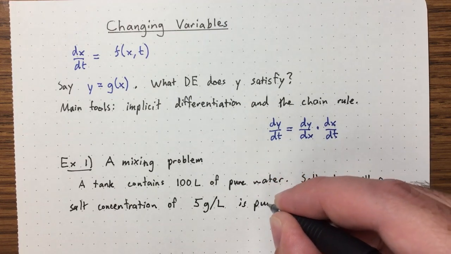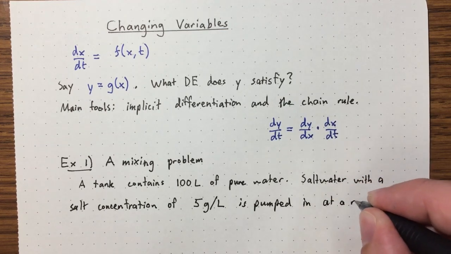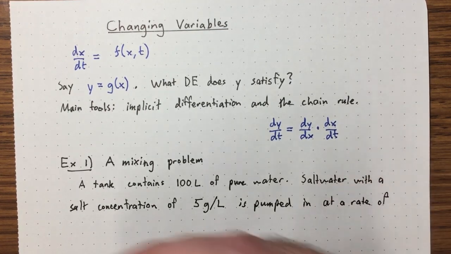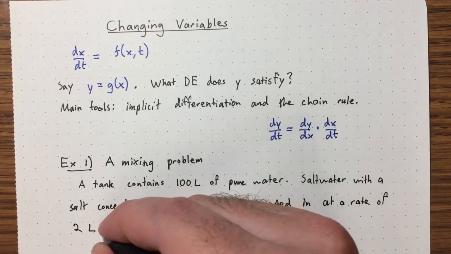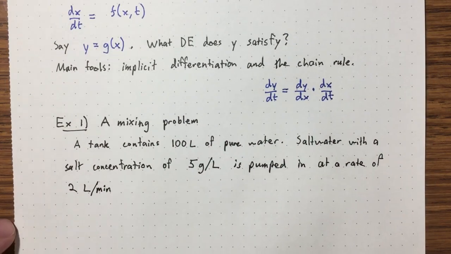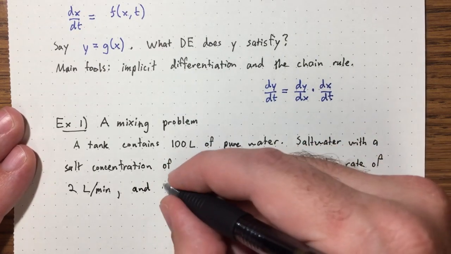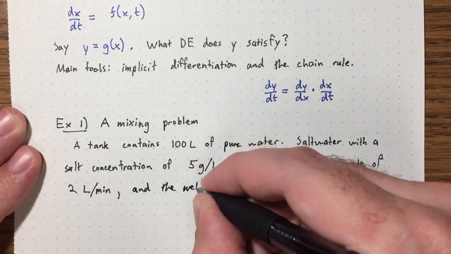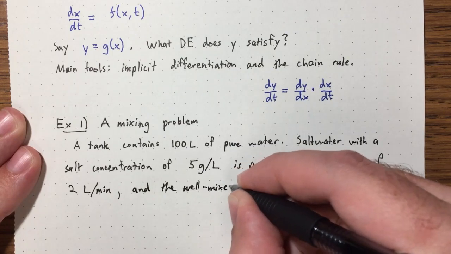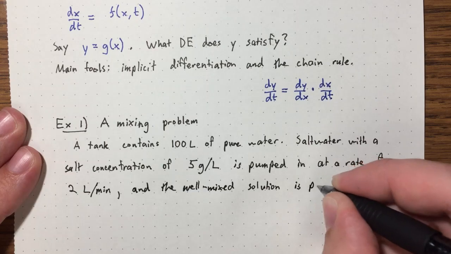It's pumped in at a rate of 2 liters per minute. So we're pumping in salt water, and we're also going to be pumping out water at the same rate. A well-mixed solution is pumped out at the same rate.